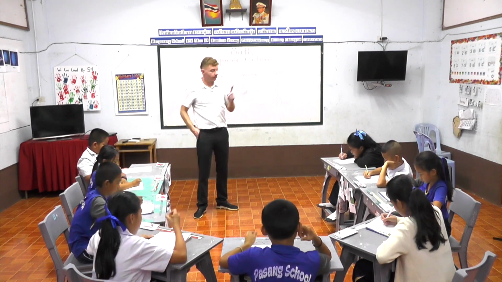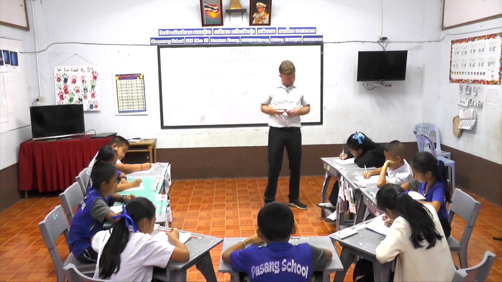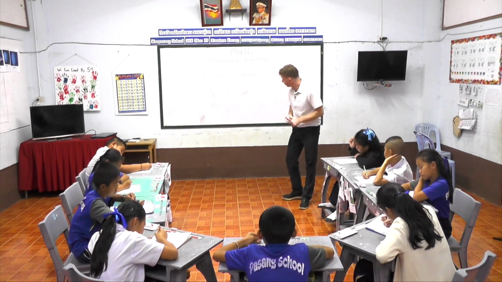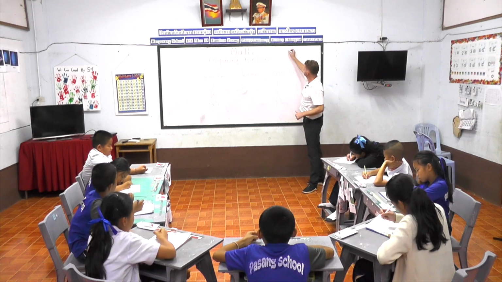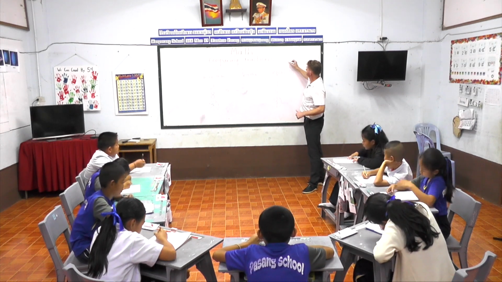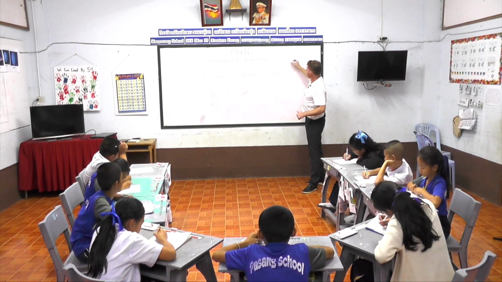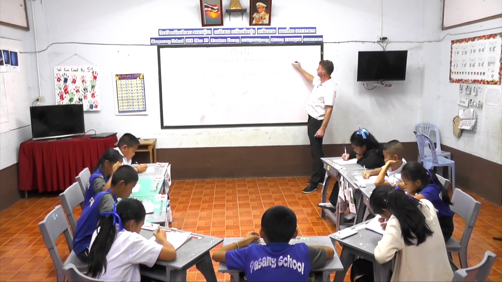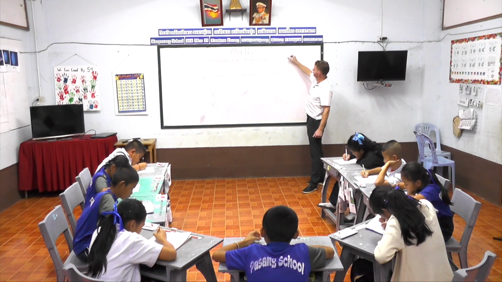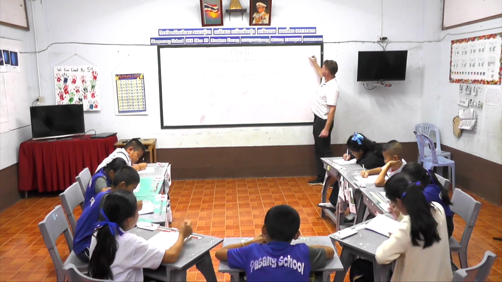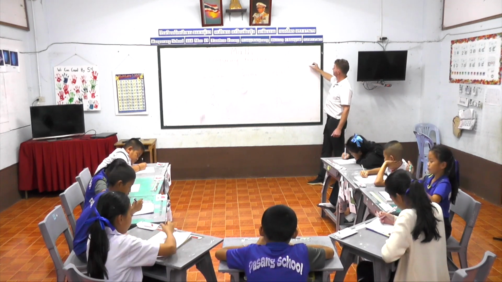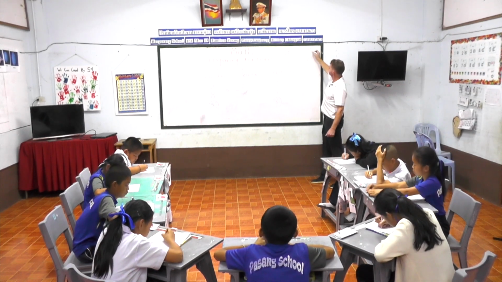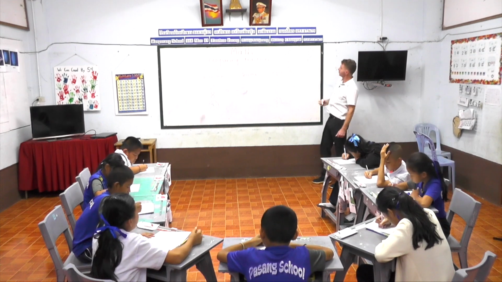Okay. So let's do the first one together, guys. We've got 3 over 4 or 1 over 2. 3 over 4, so we divide into 4 parts and we colour in 3 of them. And then 1 over 2, 2 parts, and one of them is coloured.